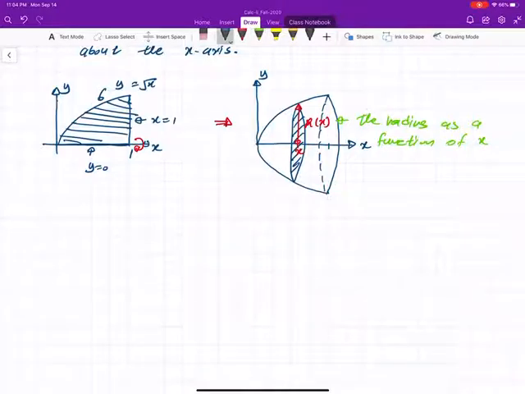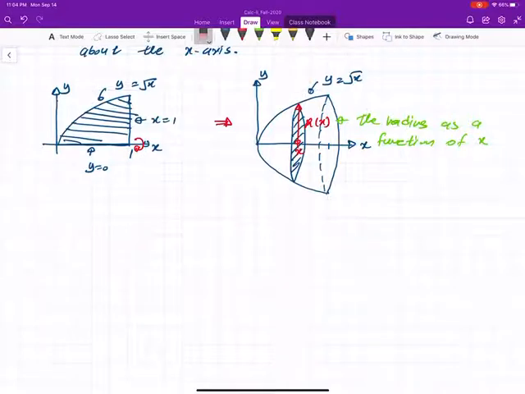You know that this curve is y equals square root of x. Actually, the radius is the height of this. Okay, the radius is actually this height. It is this height.